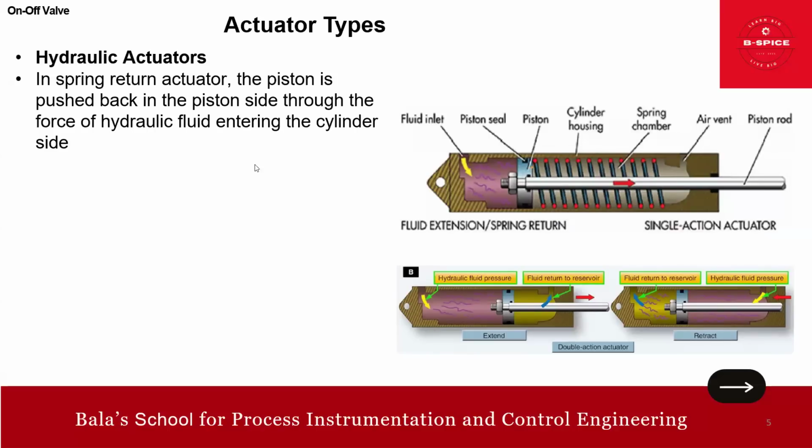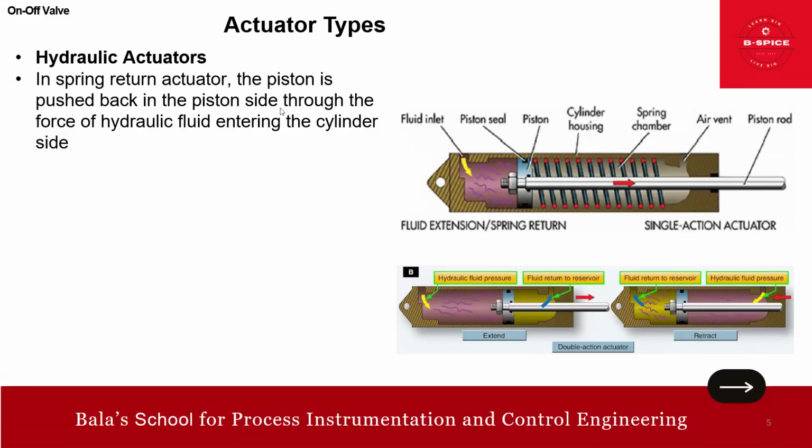See, in a hydraulic actuator with spring return, the piston is pushed back through the force of the hydraulic fluid entering the cylinder side. So this is your fluid, this is your chamber, this is your housing, this is your piston, this is your piston rod.